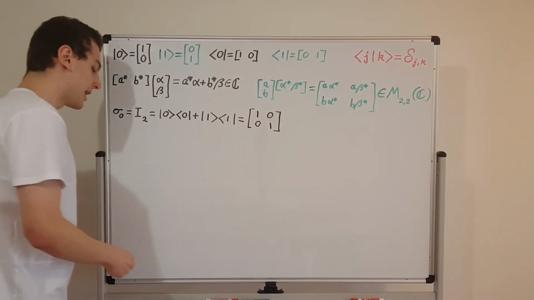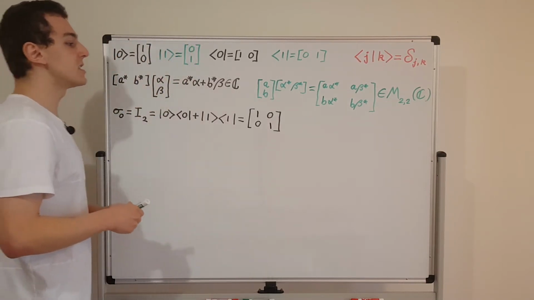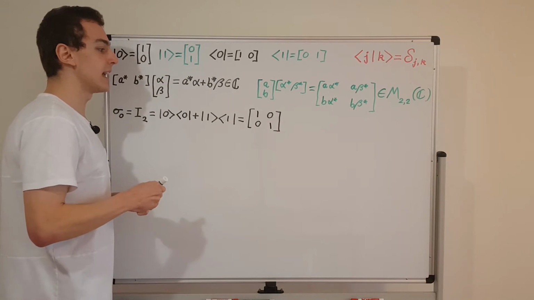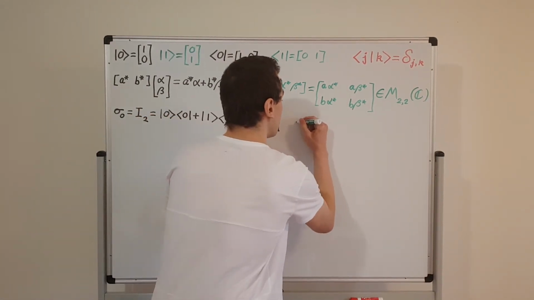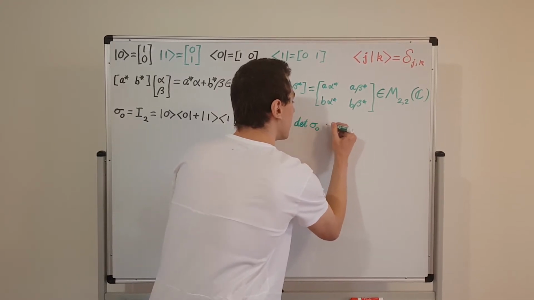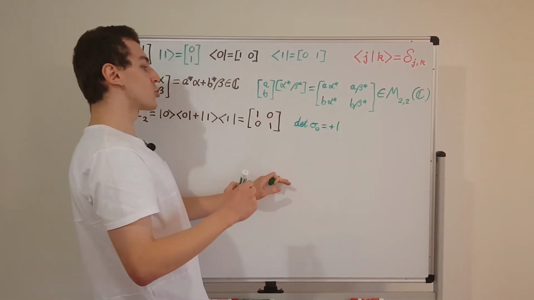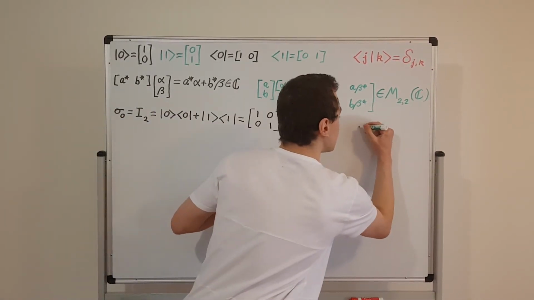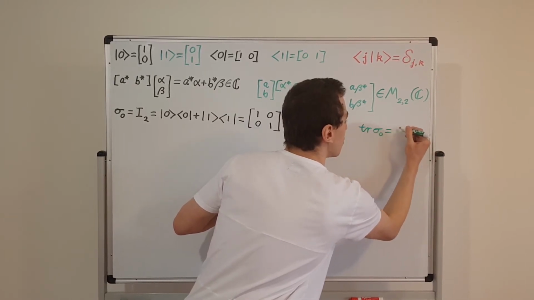Now let's have a look at some interesting properties of this matrix. The determinant of this matrix is equal to 1, and specifically it is plus 1. So I'll write this as the determinant of sigma 0 is equal to plus 1. What about the trace? The trace of sigma 0 is equal to plus 2.